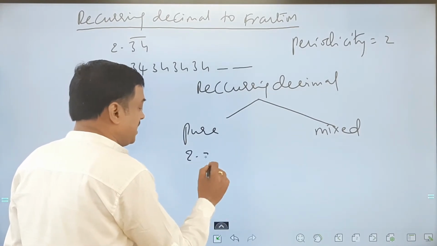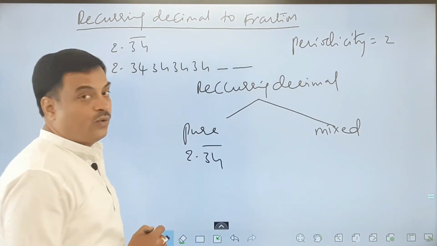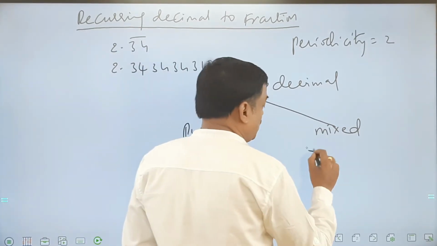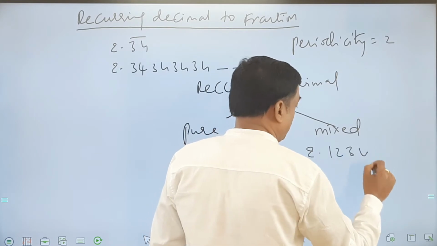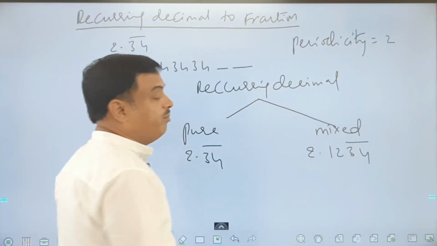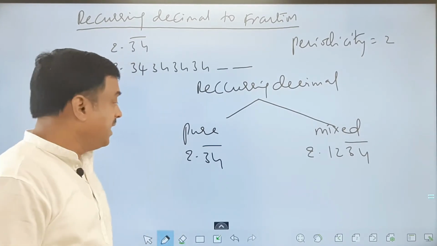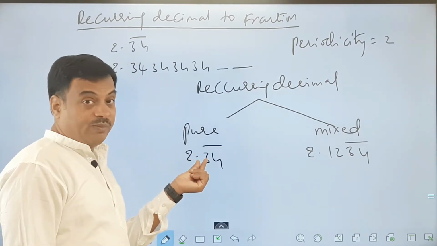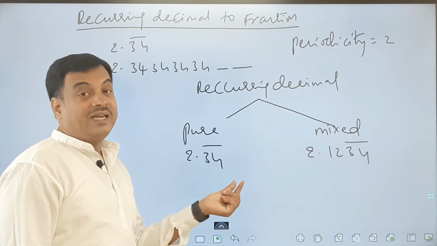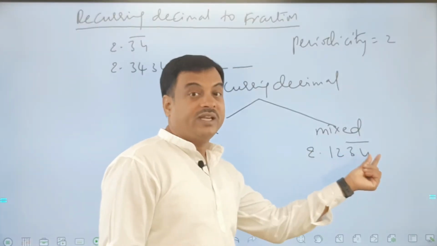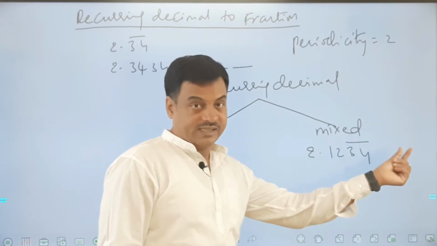Pure, I can take the same example, 2.34 bar is the example of pure recurring decimal, and if I say 2.1234 bar, then it is called mixed recurring decimal. I think by observation itself you might have understood, immediately after decimal if recurring starts, then it is called pure, and after few decimals if the recurring starts, it is called mixed.